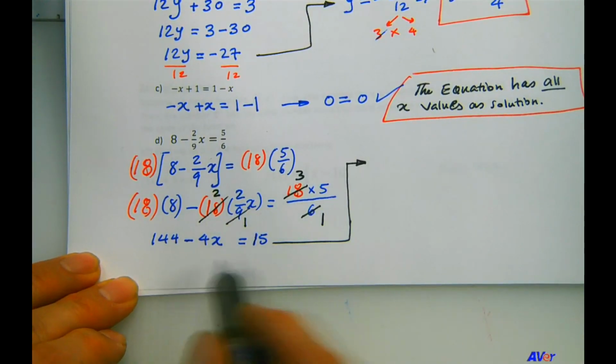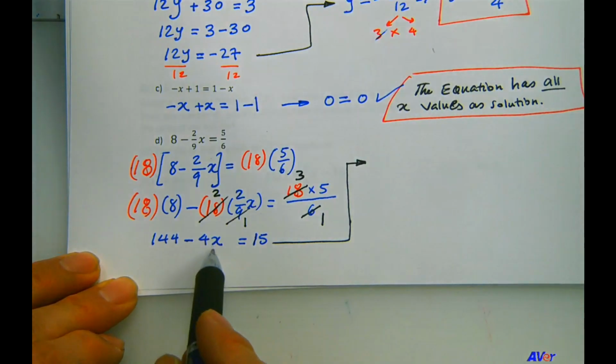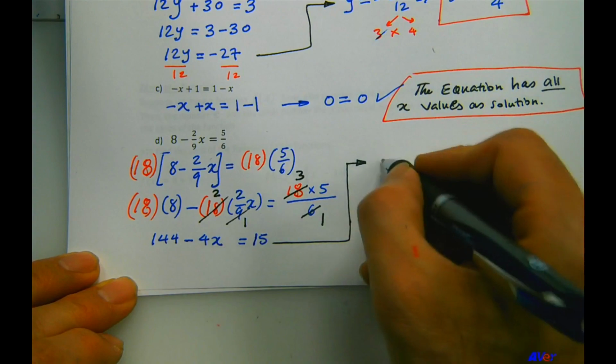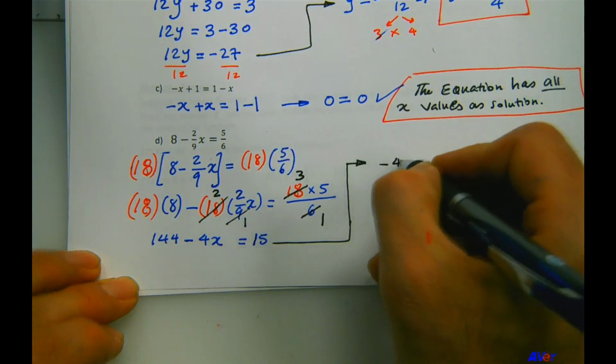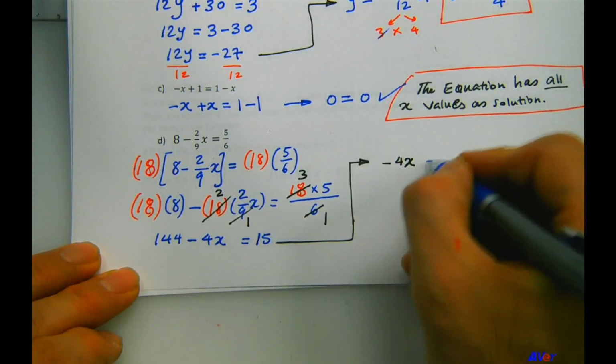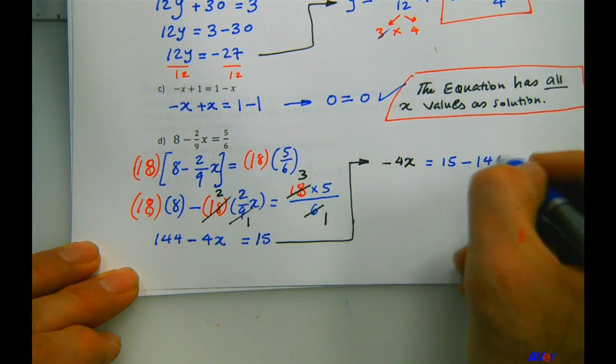So now the rest is really easy, right? We are solving for x, so we want to isolate x. How are we going to do that? We're going to move 144 from the left to the right. So we have minus 4x equals 15 minus 144.